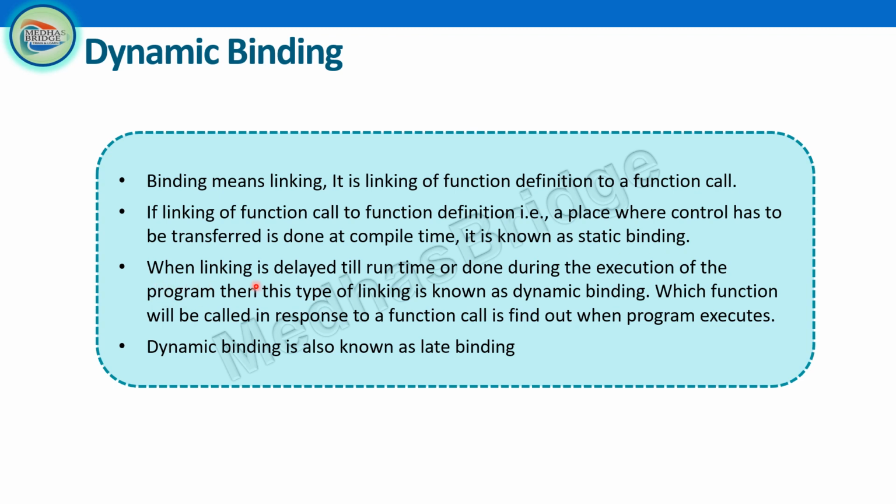While if linking is delayed till runtime, done during the execution of the program, then this type of linking is called dynamic binding. Which function will be called in response to a function call is found out when program executes. Dynamic binding is also known as late binding.